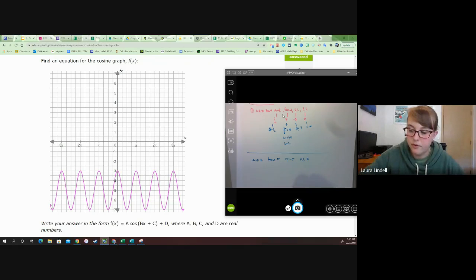All right, if you pulled from the graph that the amplitude was 2, the period is pi, the vertical shift is -5, and that the phase shift is 0, you're on the right track here.